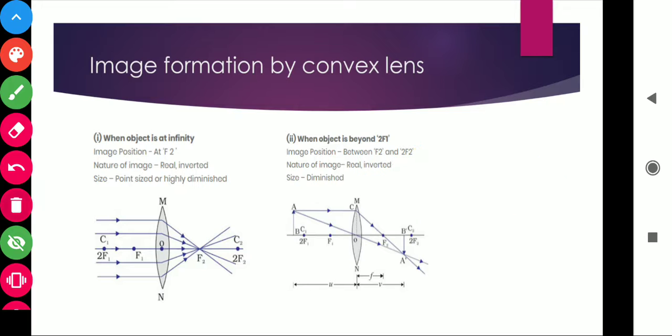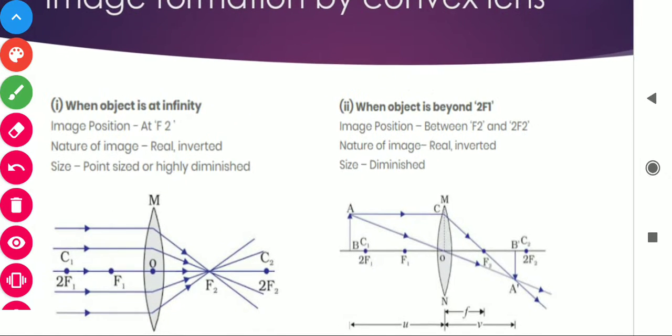First one is when object is at infinity. See, when object is at infinity, this is the position of object. Then light rays come parallel to the principal axis. This is principal axis and the light rays come parallel to it.